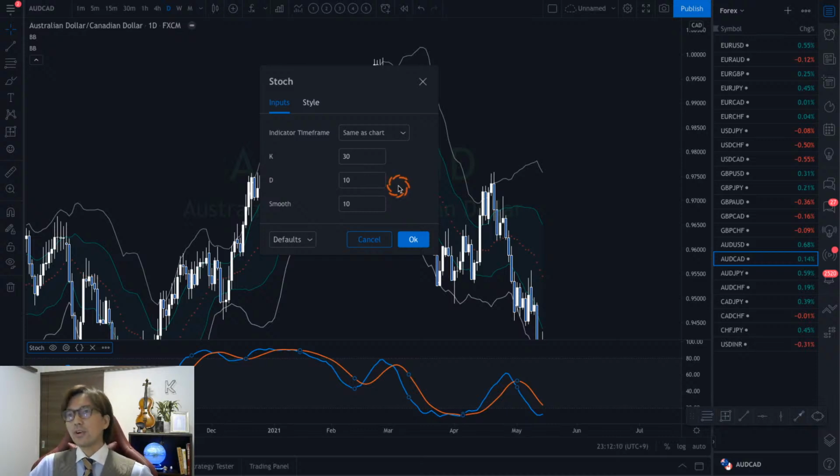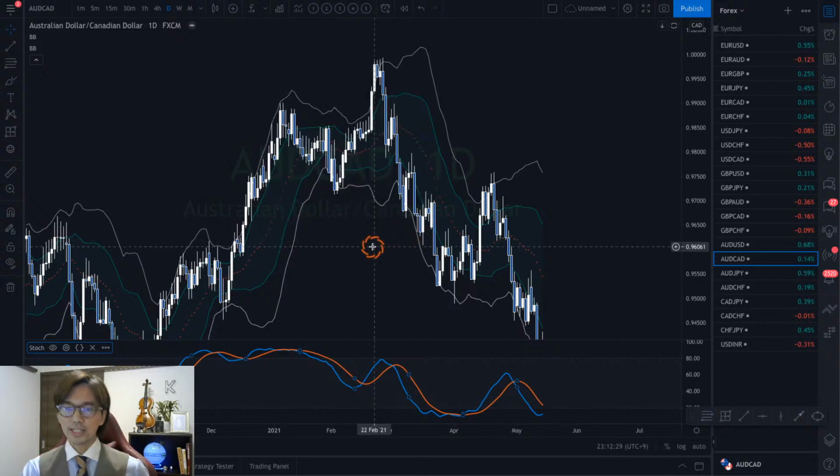Before I used to use stochastics, I was also using MACD and also RSI, but I prefer the stochastic the best, and that's why I have been using stochastics. So that's my stochastic setting. 30-10-10 is my setting here.